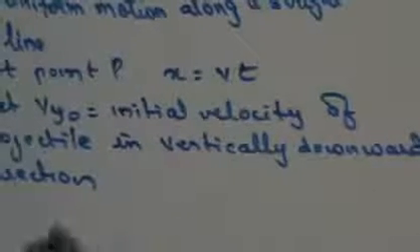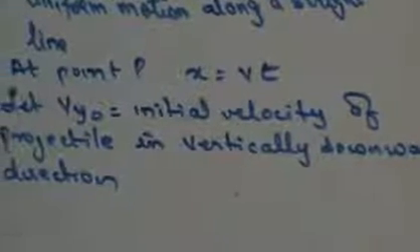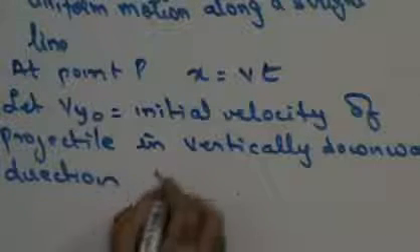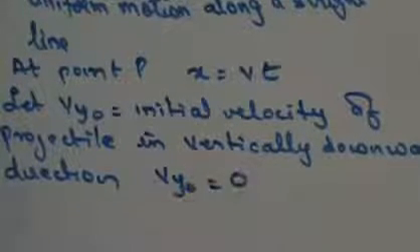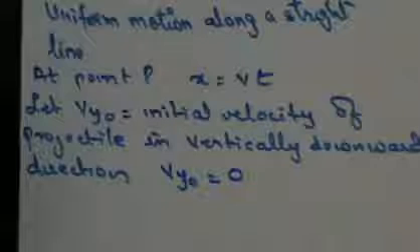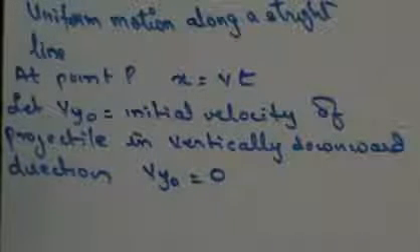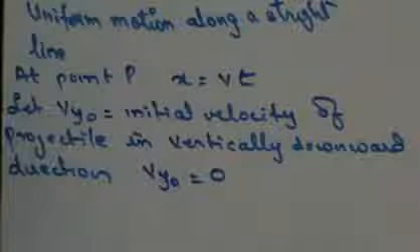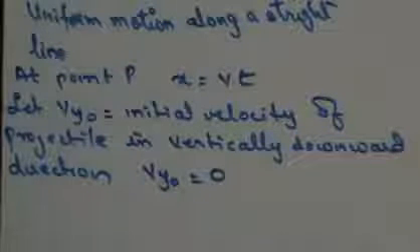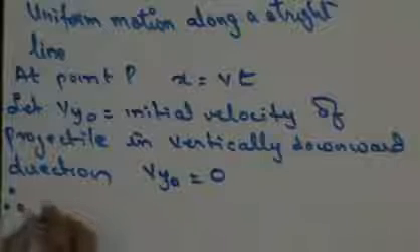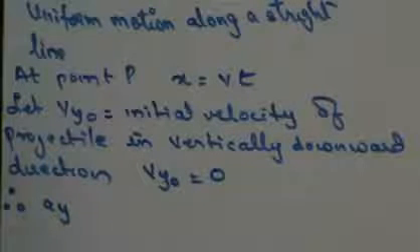Since the body is still in my hand before I release it, I can say Vy0 initially is going to be 0. Now, as y-axis is taken vertically downward, the downward direction will be regarded as positive direction. Therefore, acceleration along y-axis is going to be positive g. I'm taking vertical downward direction to be the positive direction.